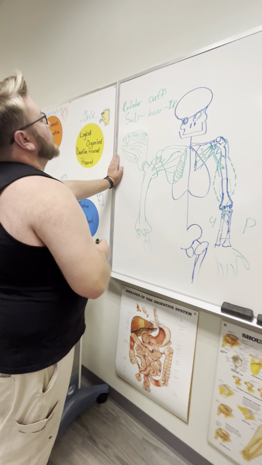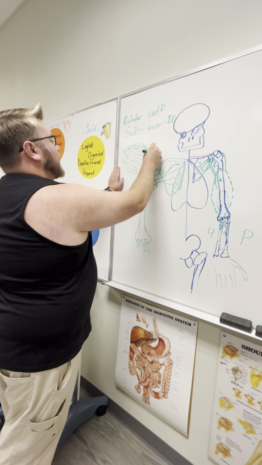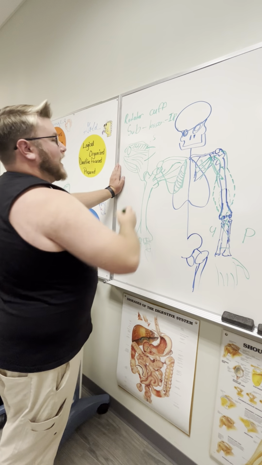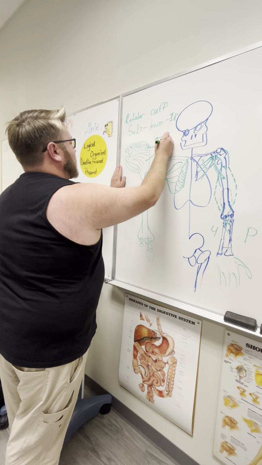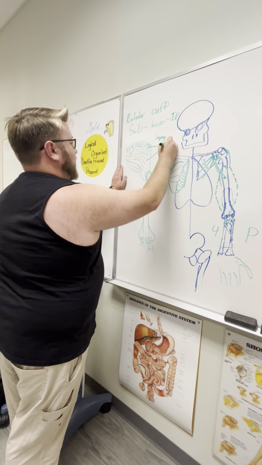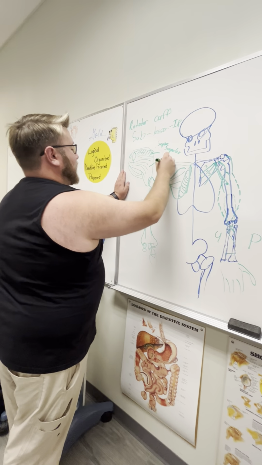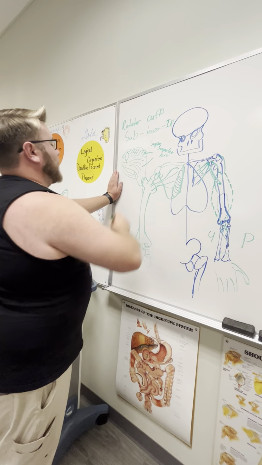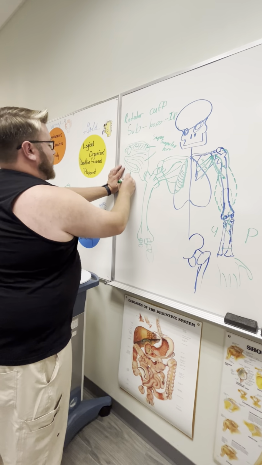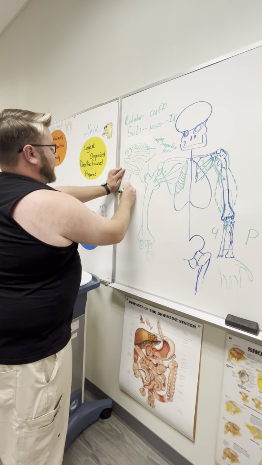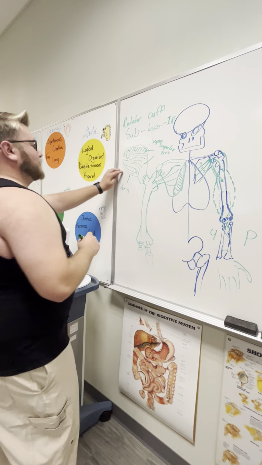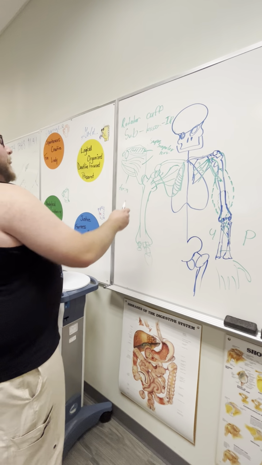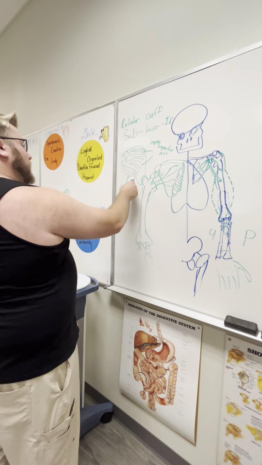I'm pretty sure these two guys are innervated through the suprascapular nerve, right? Yes. Suprascapular. Then we have our teres minor, which is the axillary nerve. Okay. In which I think that's the axillary border of that.